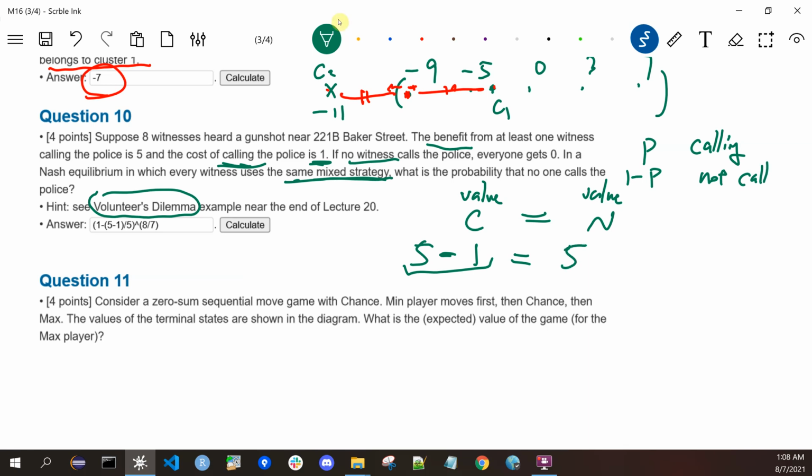I will basically free ride if someone else called the police, and if no one else called, then I will not get the benefit. So my 5 really depends on the probability that at least one of the other 7 players called the police.